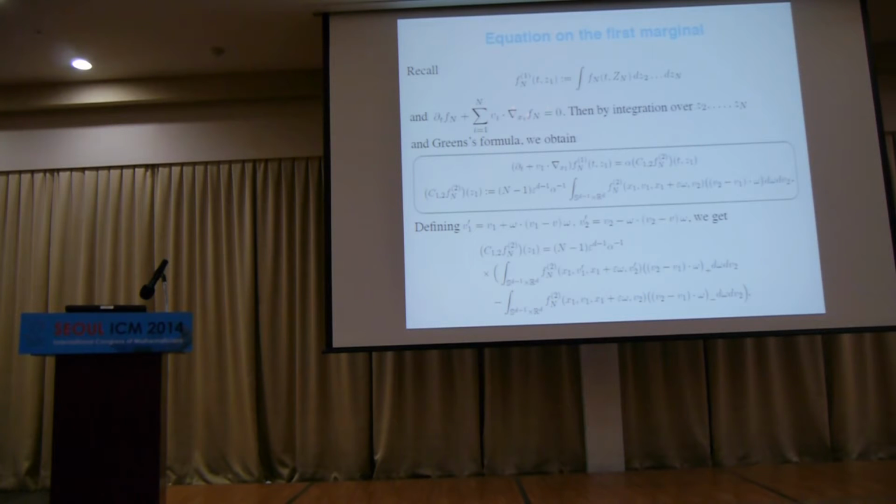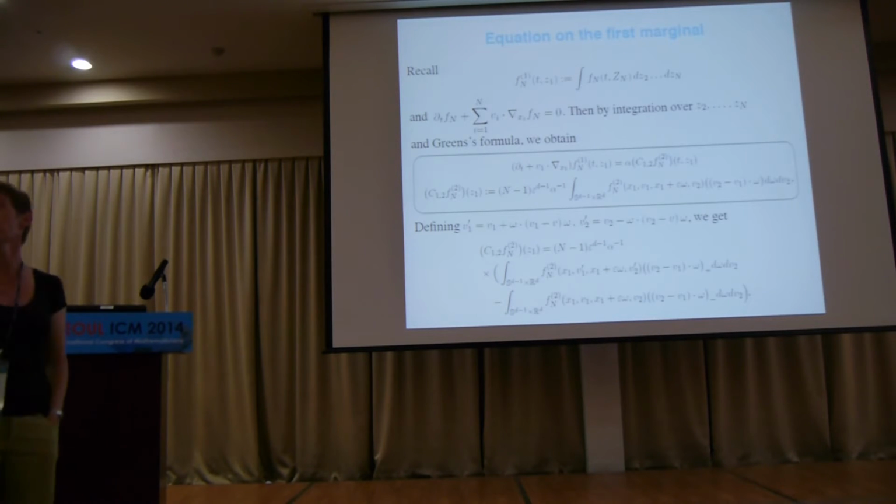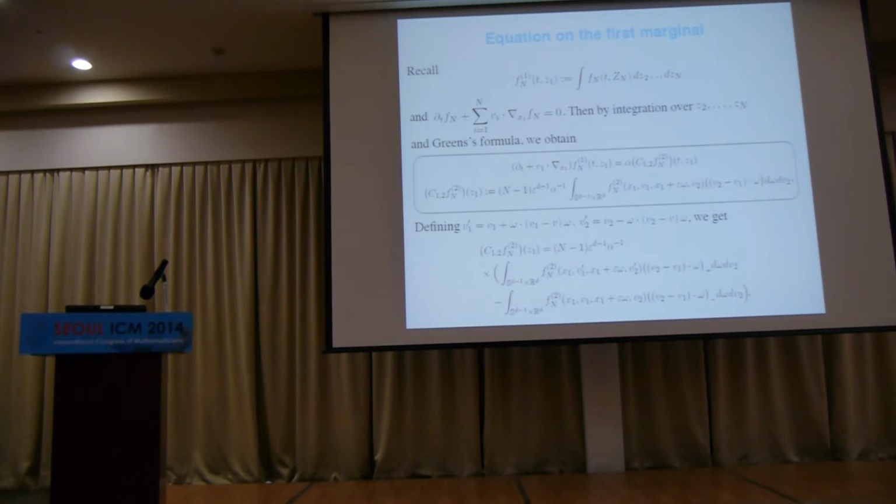You have to be careful that at some points in the boundary, x1 is touching something: x2, x3, or xn. Since nothing depends on the labeling, I can just decide x1 is touching x2. So x2 is actually x1 plus epsilon times something, where the something is on the unit sphere. It doesn't have to be x2, so I have n minus 1 possibilities, and I have an n minus 1 in front here.